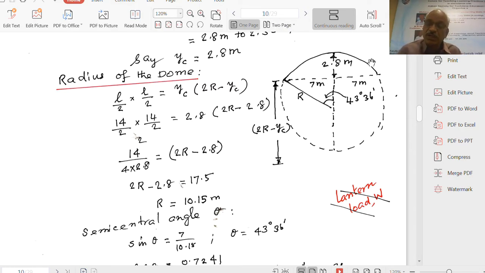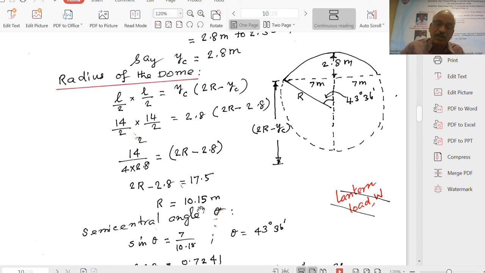L by 2 into L by 2 equal to YC into 2R minus YC, where YC is the central rise and 2R minus YC is the remaining distance. So that gives the radius of the dome.